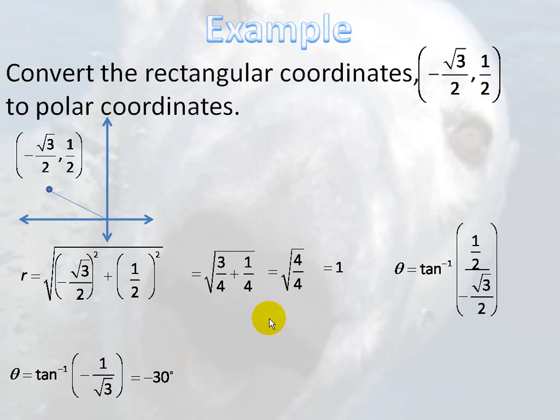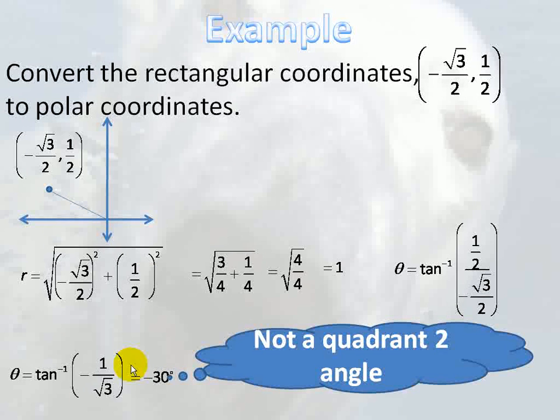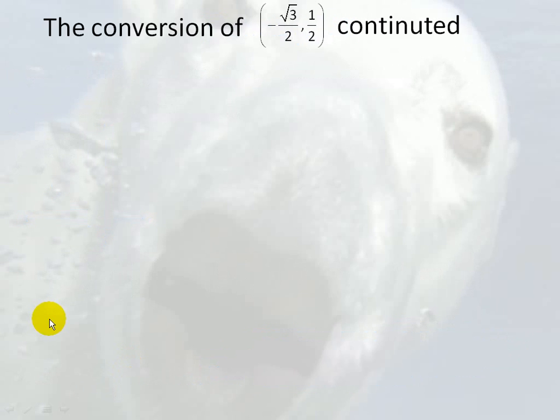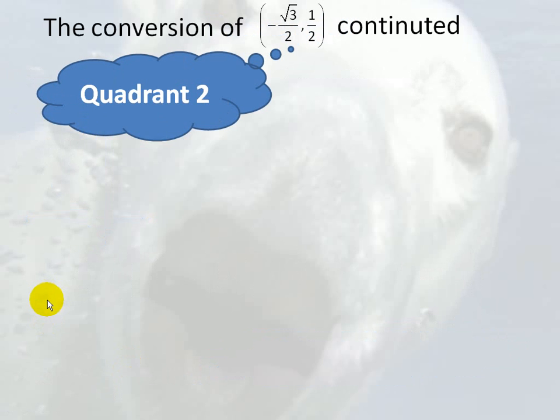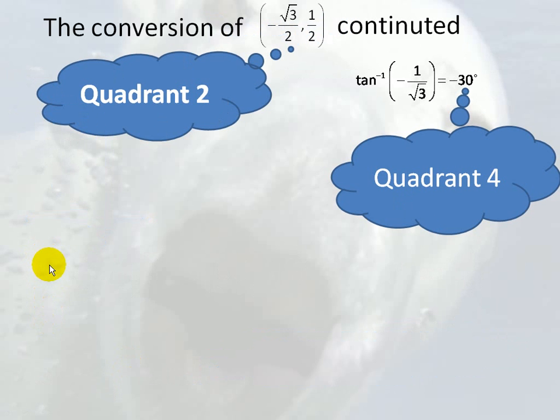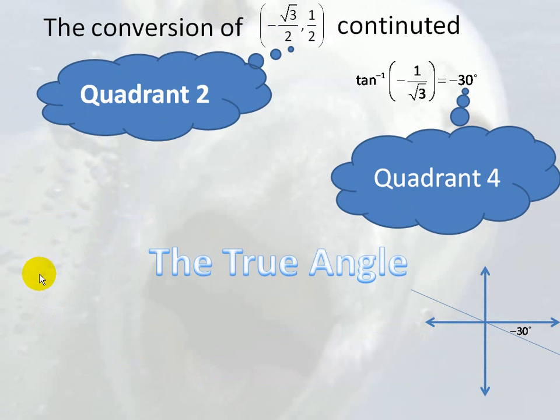So here's what happens. We can see that, yeah, this is not the angle that we want. Negative 30 is down here. So what we have to do is make an adjustment. Okay, that's quadrant 2. This is quadrant 4. That's a problem. But it's an easy problem to solve because the true angle can be found this way.